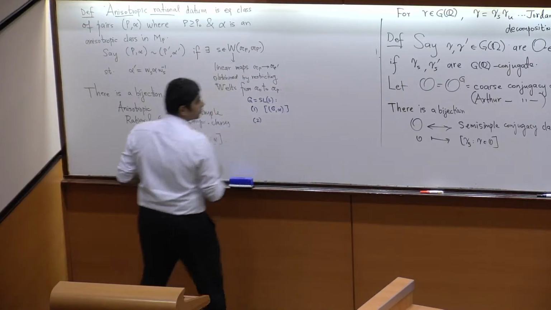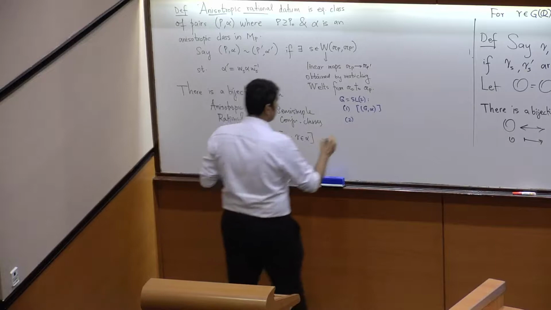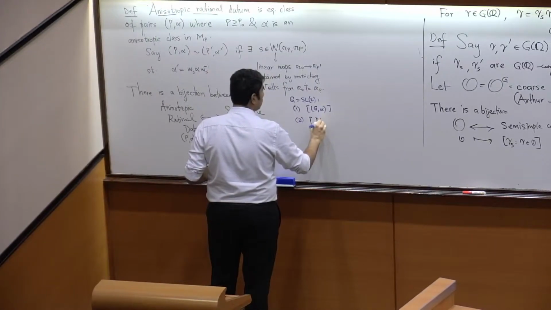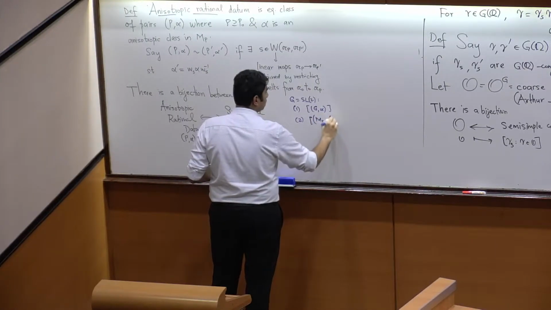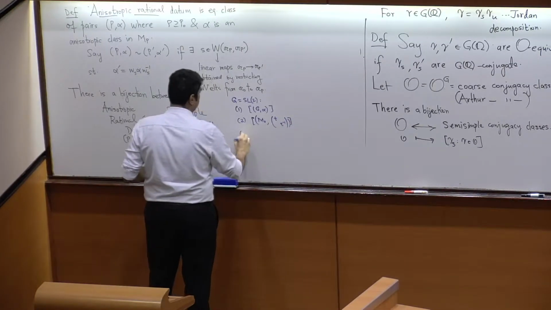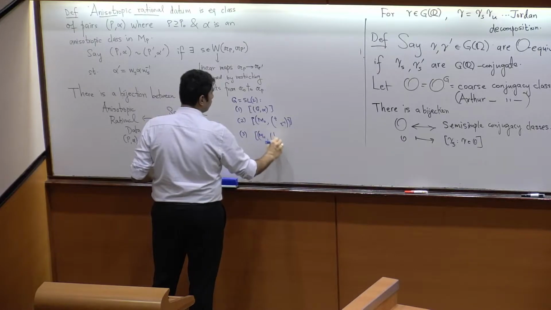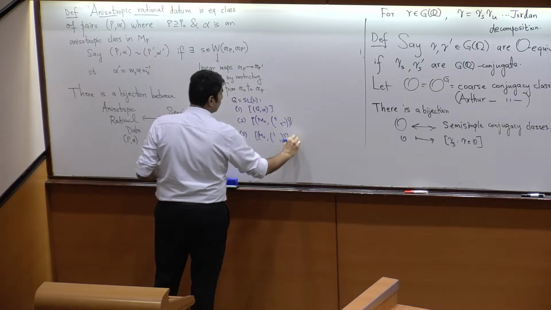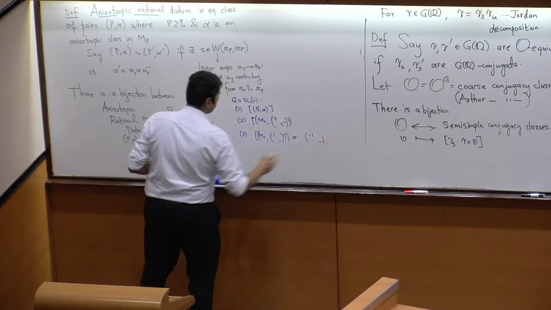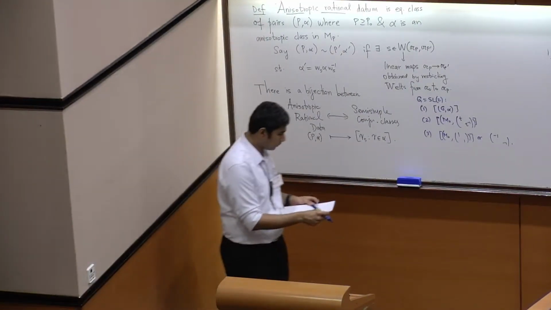And in the second case, where P has distinct roots, it looks like (M naught, T T inverse). And in the third case, it looks like (M naught, (1, 1) or (-1, -1)). Okay, so these are the three types.